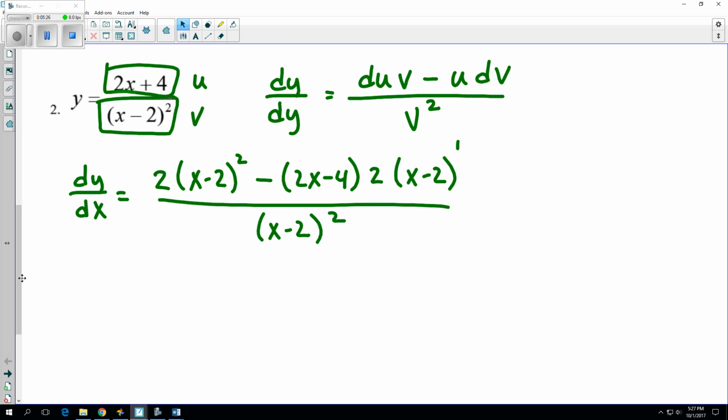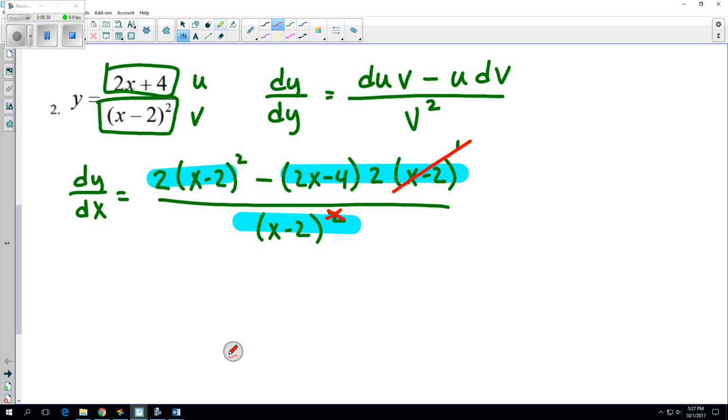Let's use some algebra on this. I have 3 terms before I start simplifying here. It looks like they all have an x minus 2, at least 1. So this one I'm going to cancel. There'll be 1 left, and there'll be 1 left. And don't think those are x's, I've just gotten rid of those powers there. So for dy/dx, I'm going to distribute the 2.